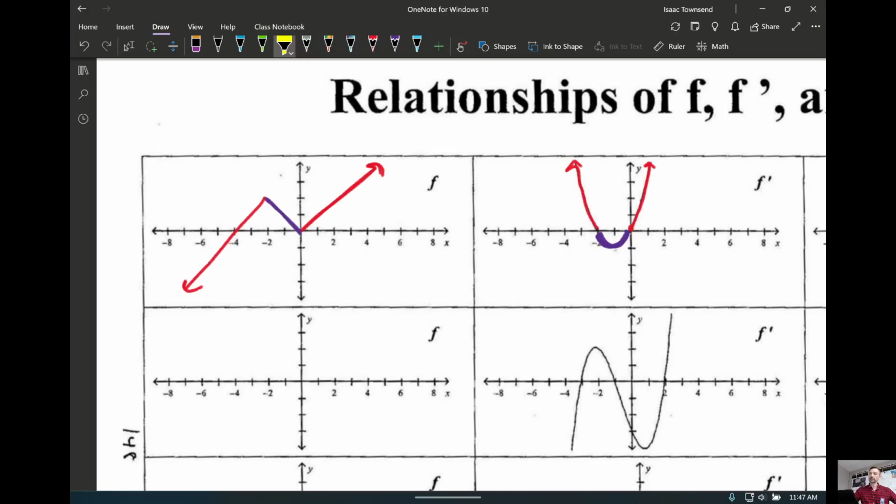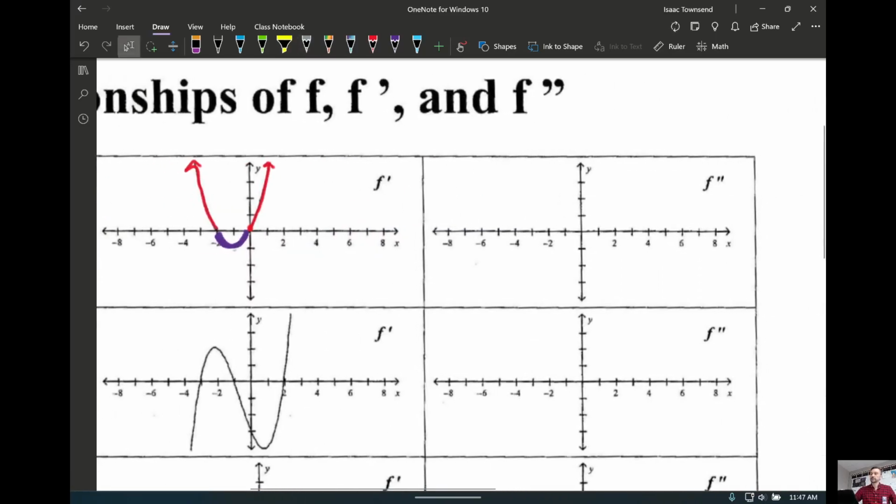Okay, we can come back to this and make this one a little bit more accurate, but let's slide over because we're going to have to put the same thought into this one. When the first derivative is increasing, what does that tell us about the second derivative? Okay, so the second derivative needs to be positive from -1 to infinity.